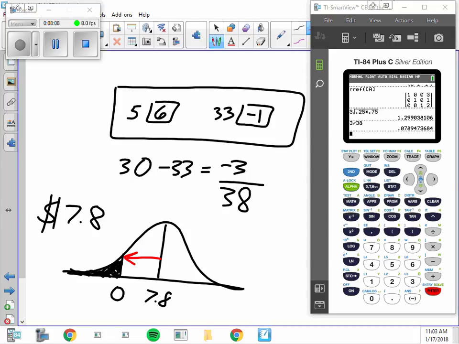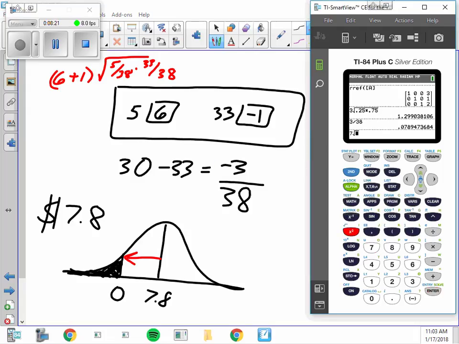So 6 plus 1 times the square root of 5 over 38 times 33 over 38. So 7 times the square root of 5 divided by 38 times 33 divided by 38. And I end up with 2.36.